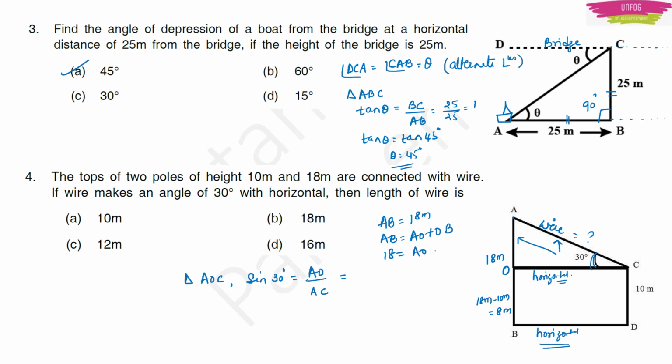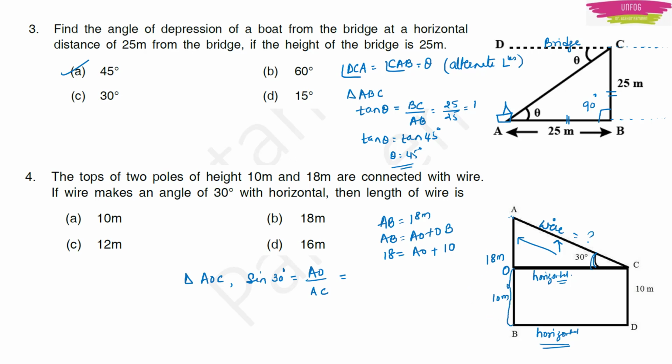So I have to erase this actually. This is a little confusing for you. Let it be like this. It will be 10. This one will be 10 because this is like a rectangle.